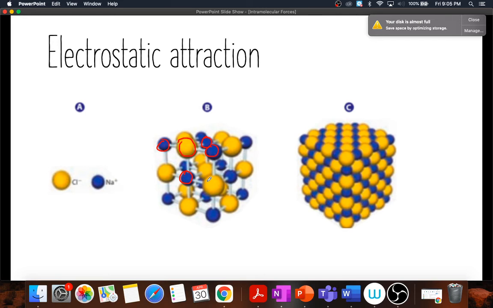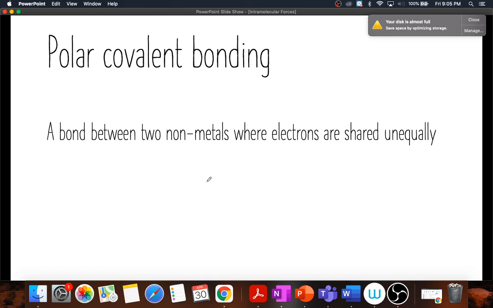All right, moving on to the third intramolecular force that we're going to talk about. Something that we're quite familiar with is polar covalent bonding. This is a bond that exists between two nonmetals. And in a polar covalent bond, the electrons are shared unequally. As we've talked about previously, this unequal sharing results from a difference in electronegativity.